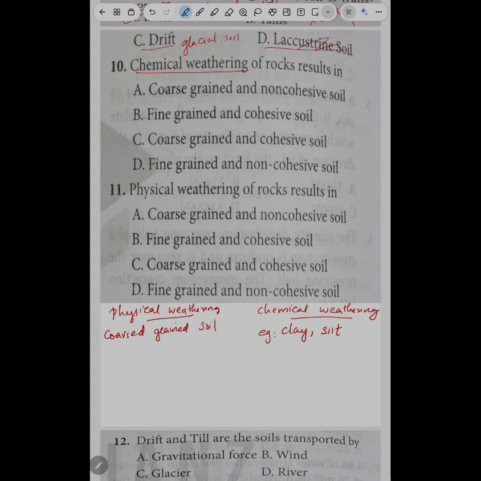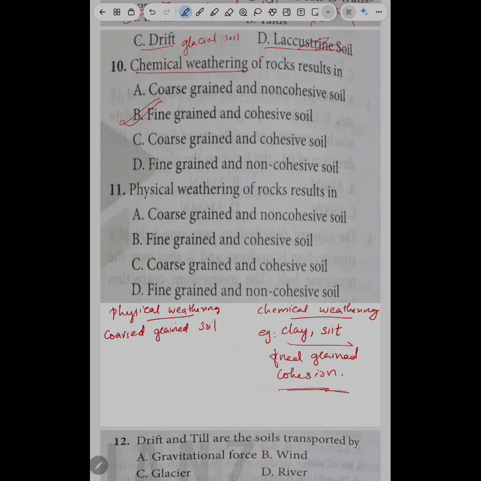In physical weathering, examples are coarse-grained soils, meaning sand, gravel, etc. As a result of chemical weathering, we get silt and clay, which come under fine-grained cohesive soil. So option B is the answer, fine-grained and cohesive soil.